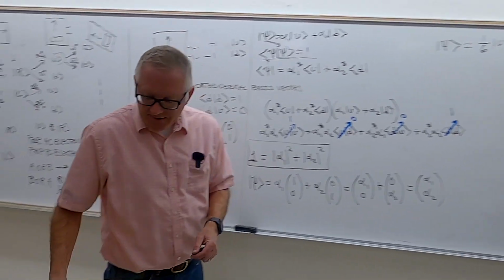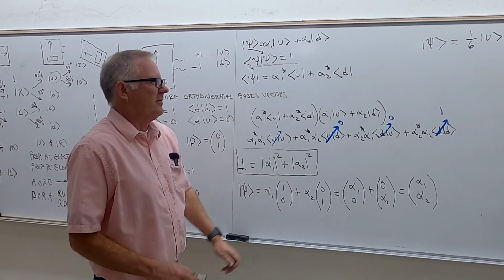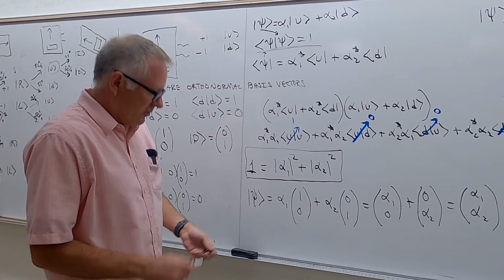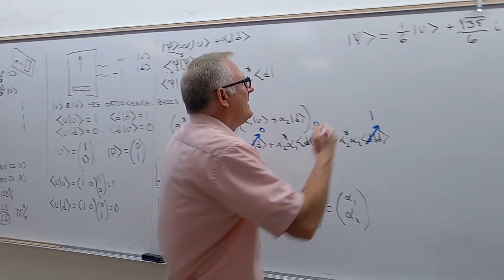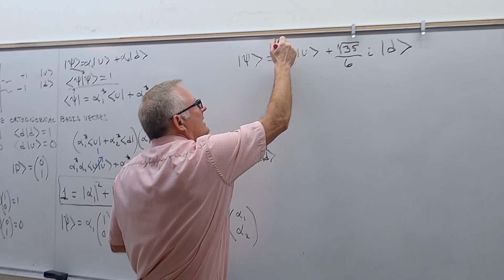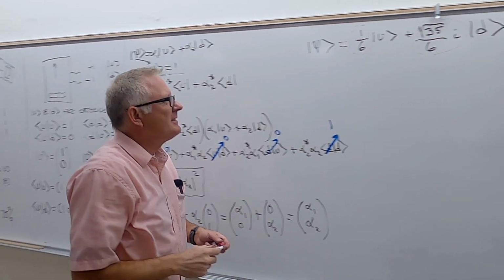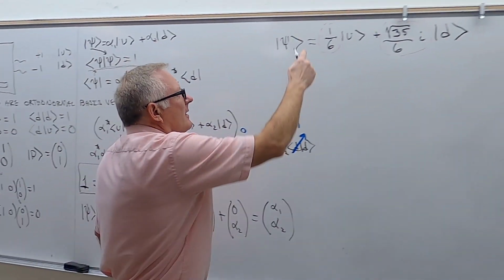So we'll say they prepared it this way right here. First of all, I just want to first see, is this a normalized vector, psi? Well, what did we say has to be true? That means this times its complex conjugate plus this times its complex conjugate has to equal 1. Well, so what do we get?